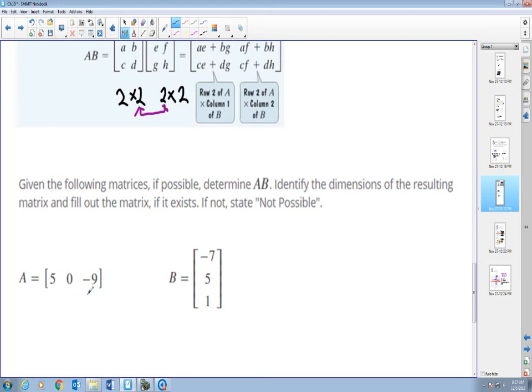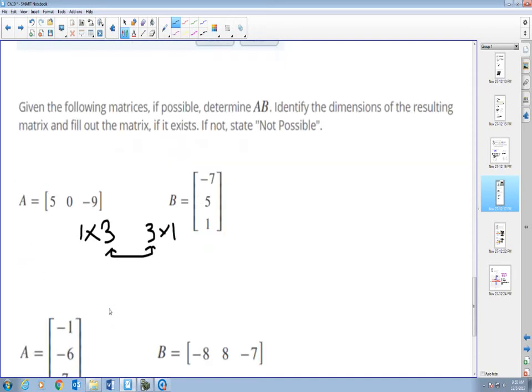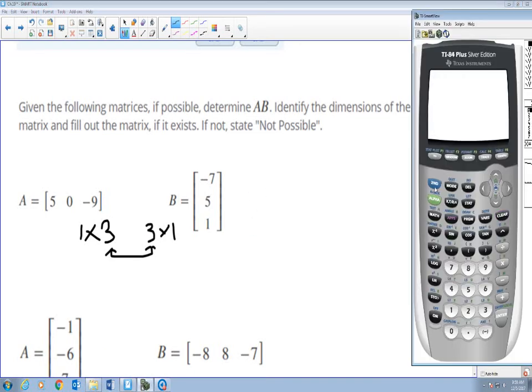This is matrix A. Matrix A is 1 row by 3 columns. Matrix B is 3 rows by 1 column. When these two numbers are the same, I am able to multiply them. I'm going to show you what A times B is. I go to edit, and this is 1 by 3: 5, 0, -9.